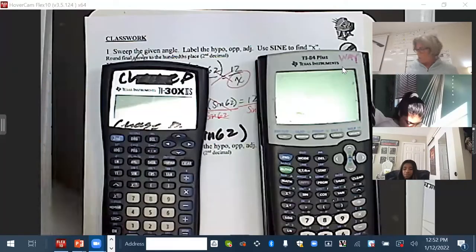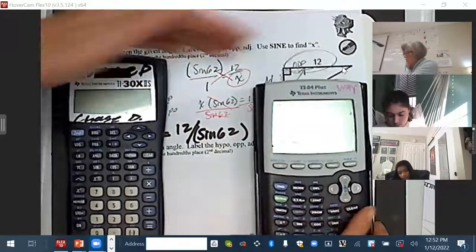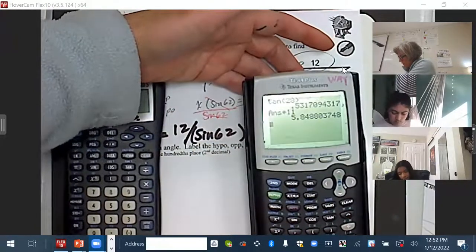Okay, there's a calculator that looks just like this. I call it the calculator from Hades because these buttons don't even show up. You have to punch other stuff. Okay, on your calculator, we're going to go 12 divided by sine of 62. So it should look like this.